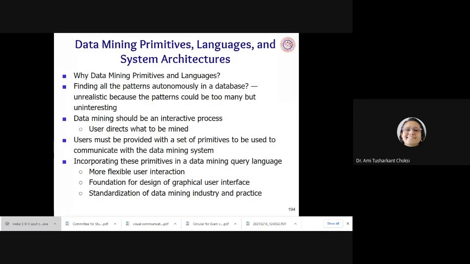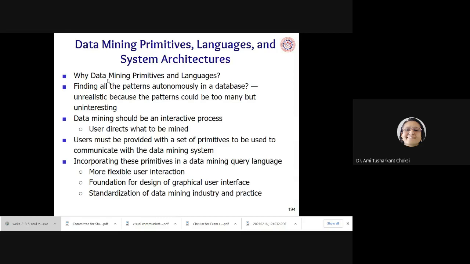Now, we want to know about data mining primitives, languages, and system architectures. Why data mining primitives and languages? It is because finding all the patterns autonomously in a database is unrealistic, because the patterns could be too many but uninteresting.